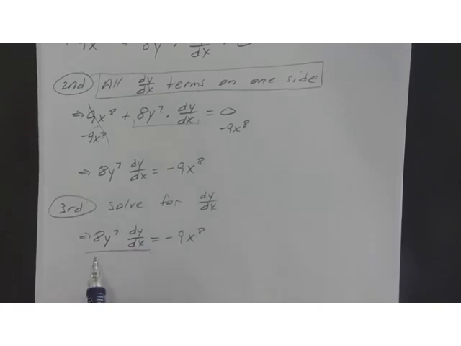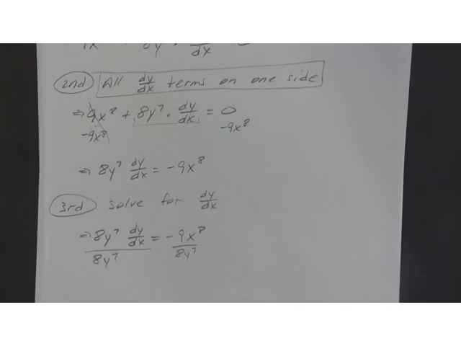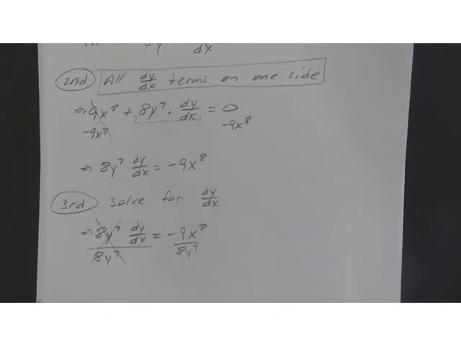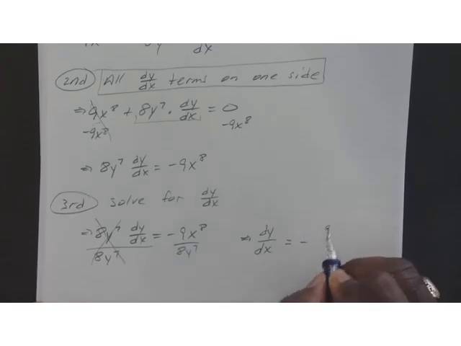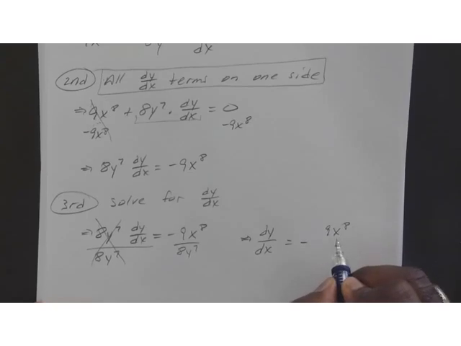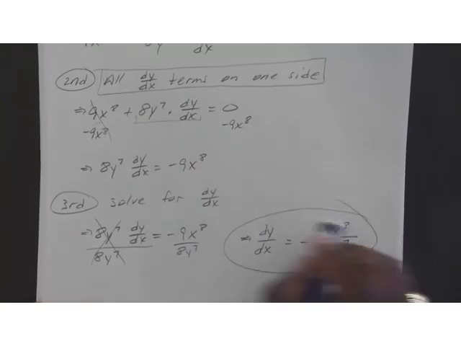We're just going to divide both sides by 8y to the 7th power, where these two cancel each other out. So we know our derivative of y with respect to x is equal to negative 9x to the 8th power divided by 8y to the 7th power.